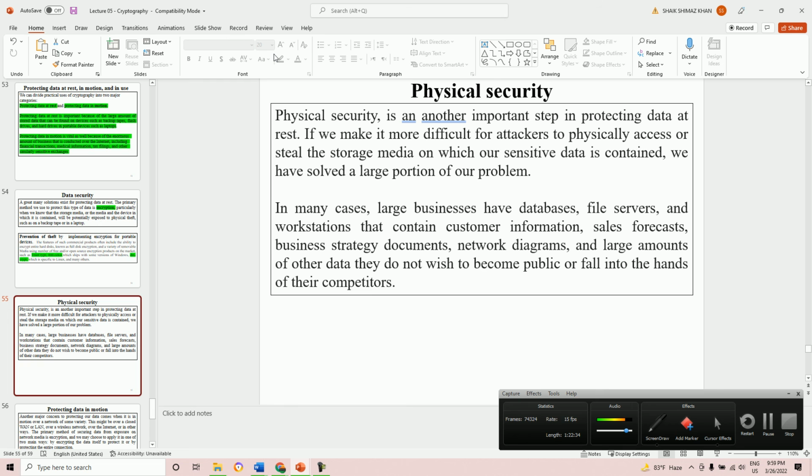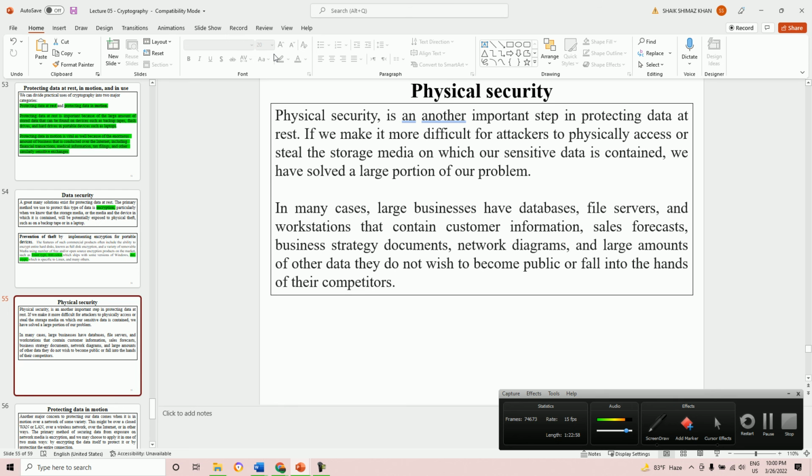The SIS database contains all the information about the students. An employee information system contains all the information about the employees, salary details, etc. So protecting this data is very important, and these systems are placed in some place. For that place also we should provide security.